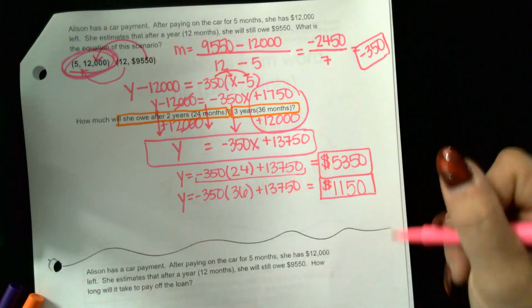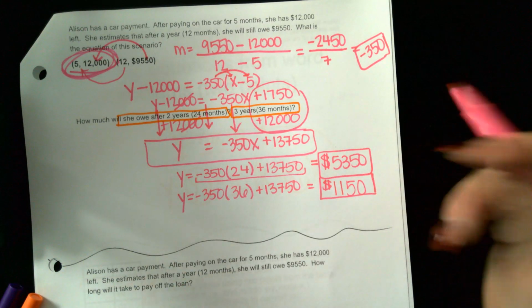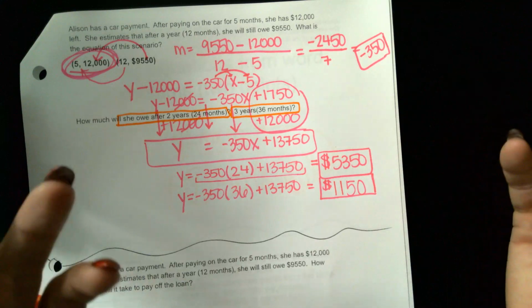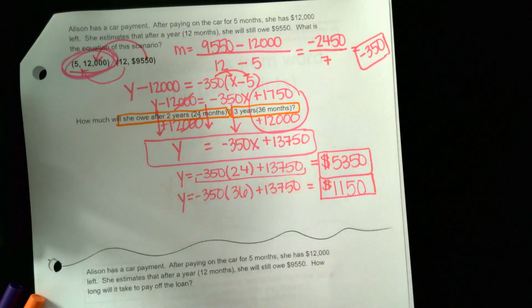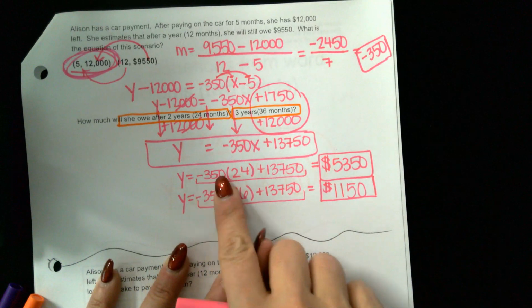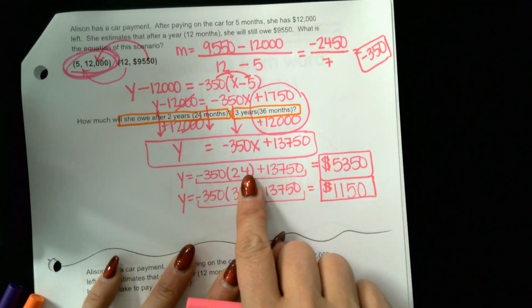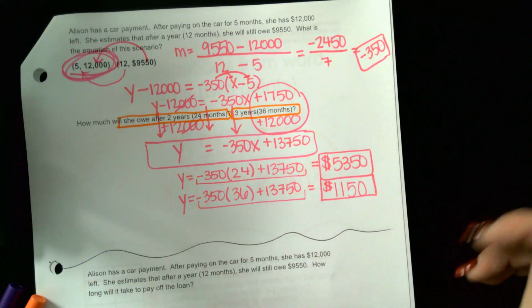Is anybody else typing this in? Because I really didn't type it in. I'm just guessing Bethel's right. But if nobody else is typing it in, we might be writing wrong answers down. Did you type in negative 350 times 24 plus 13,750?